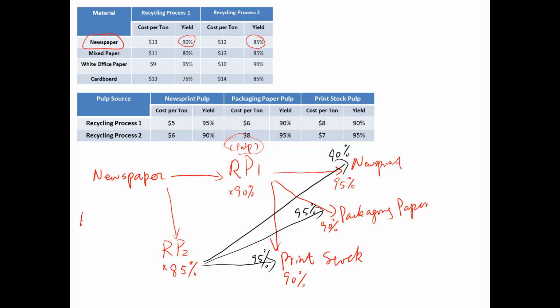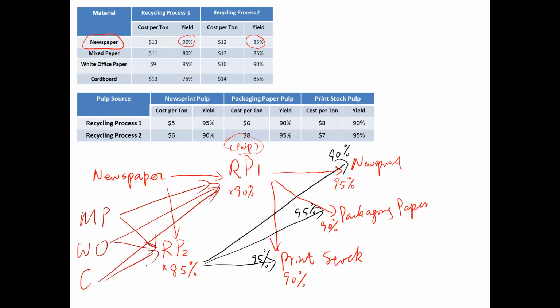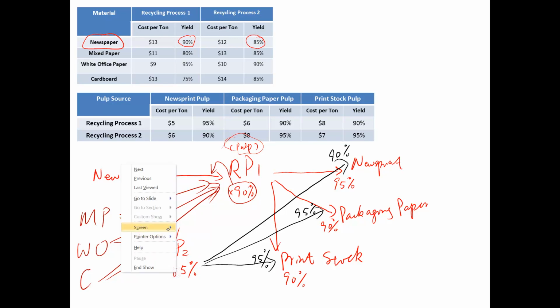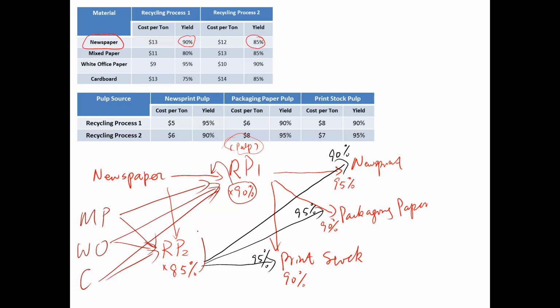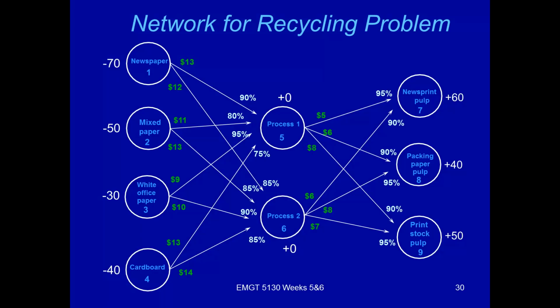So we'll have the mixed paper, white office paper, and cardboard, and they will all go through the same process. And moving this yield to the arc, we can create a network that looks like this.